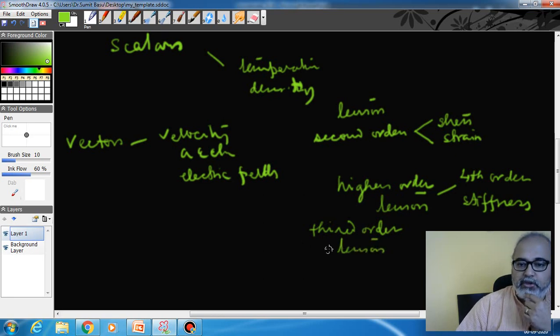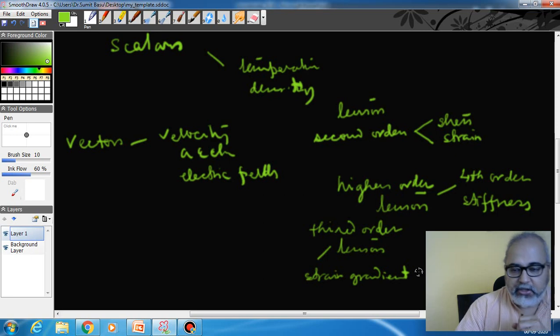And for example, gradient of strain, we will learn about what gradients are, and gradient of strain is an example of a third order tensor.